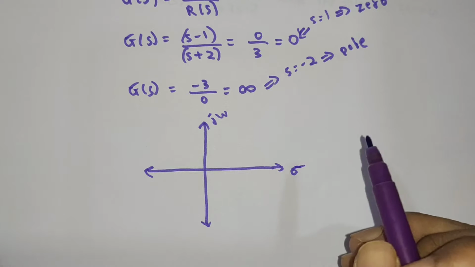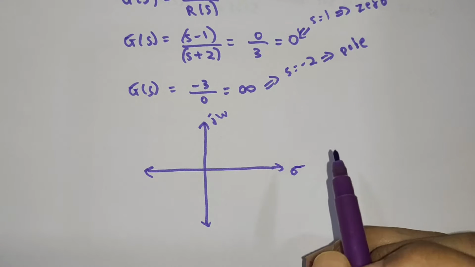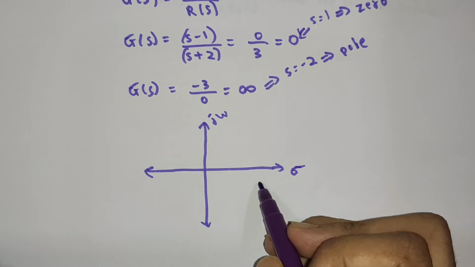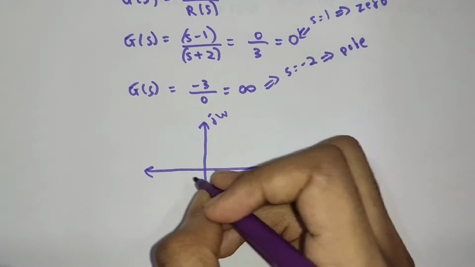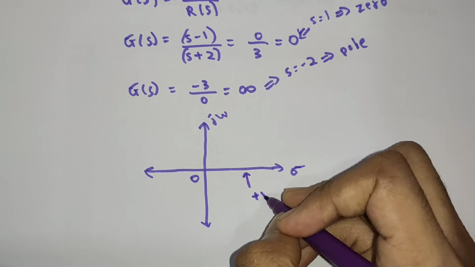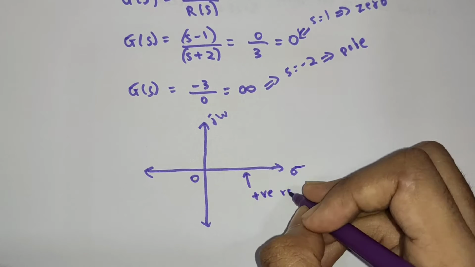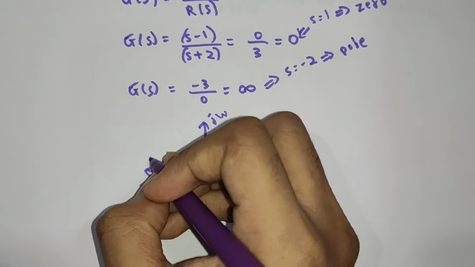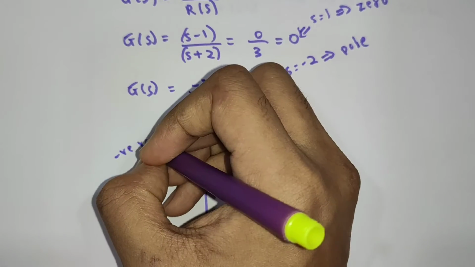Now if the answer is positive, it will be plotted on the right-hand side of the origin. So let me write positive and real will be plotted this side. To the left of the origin it will be negative and real.